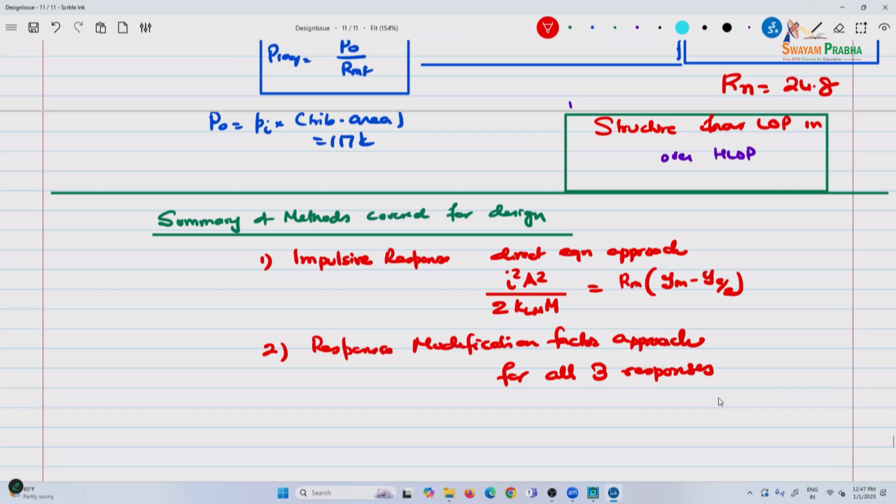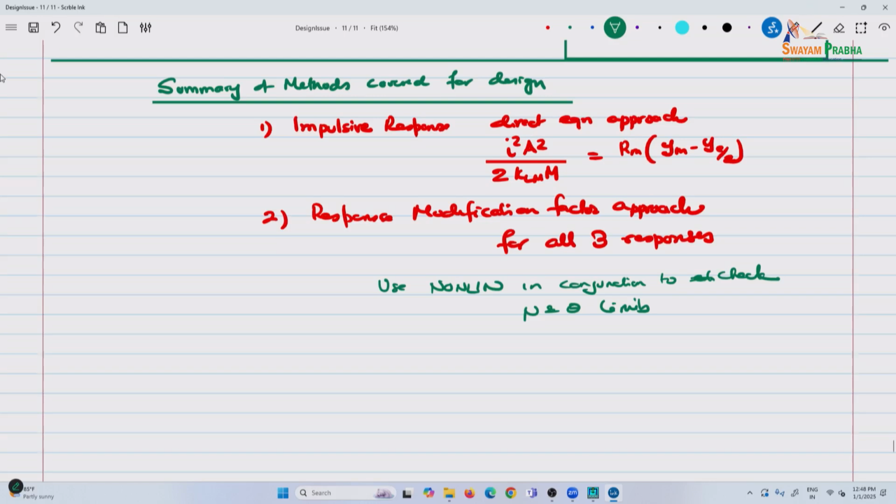It allows us, if we don't have a capacity, to find capacity to be designed for, using nonlinear analysis to establish limits. Check the mu and theta limits.